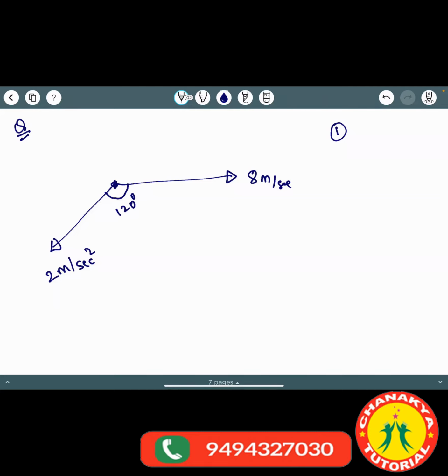You have to tell me after what time this particle will gain the same speed of 8 meters per second again. Tell me.